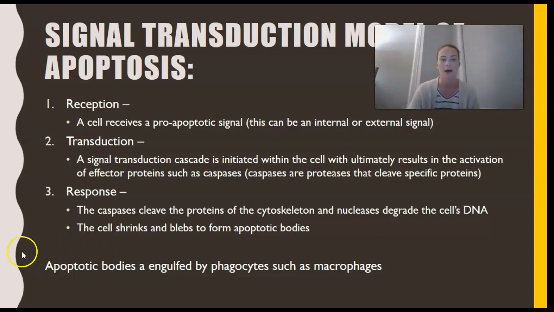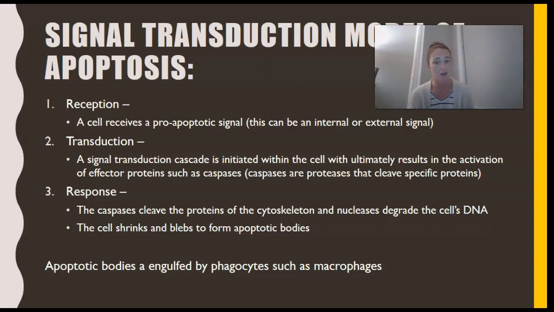Transduction, you can simply refer to a signal transduction cascade is initiated within the cell, which ultimately results in the activation of effector proteins such as caspases. So if you're going to remember any enzyme name from this process, you want it to be those caspases.